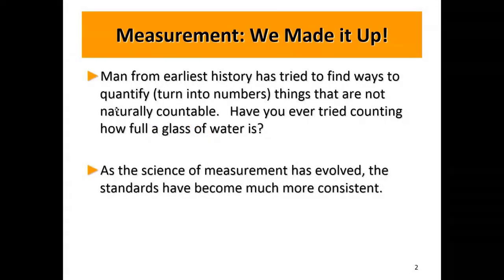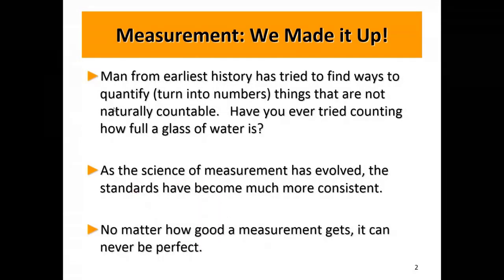So as the science of measurement has evolved, standards have become much more consistent. But no matter how good a measurement gets, it can never be perfect. When we have a measuring instrument and we try to measure how long something is, we can never measure it perfectly down to the exact atom, or a picometer or something like that.